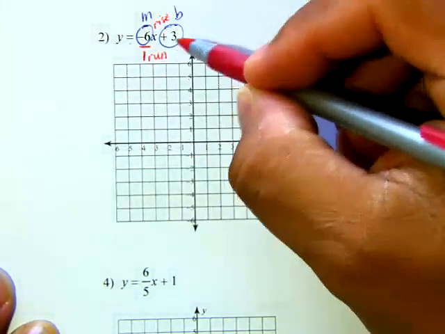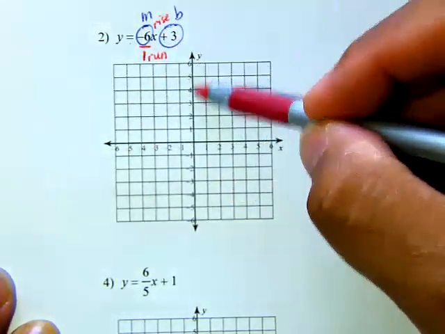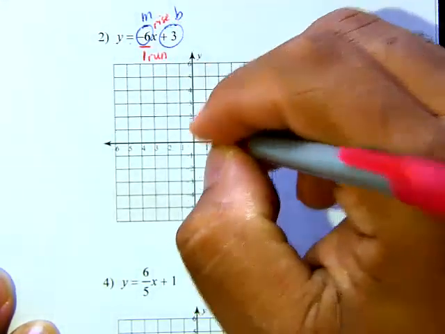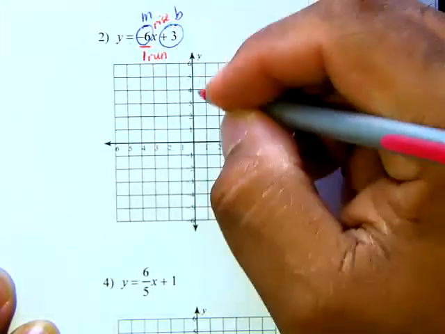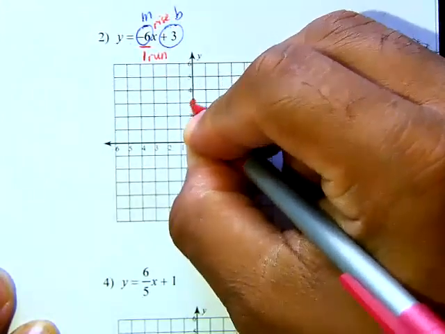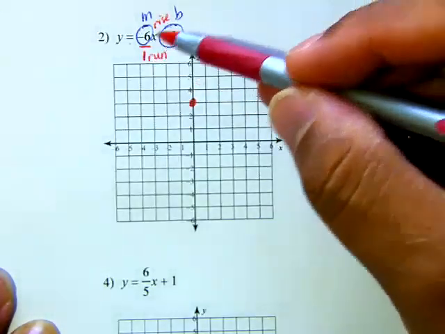You always go with your b first. My b is +3. So on the y-axis, that's why this is called the y-intercept. It's the point where the graph will cross the y-axis. So find +3, put a point there. Then we're done with my b.